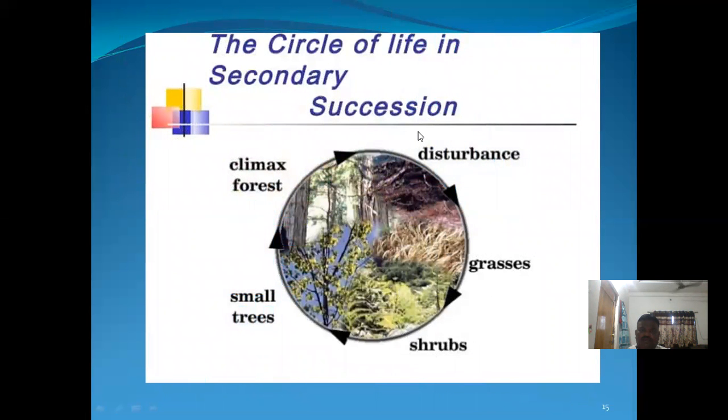This is the circle of life in secondary succession. It shows in the circle: climax forest, disturbances, grasses, shrubs, and small trees. That shows in a circular manner how the process is going on.